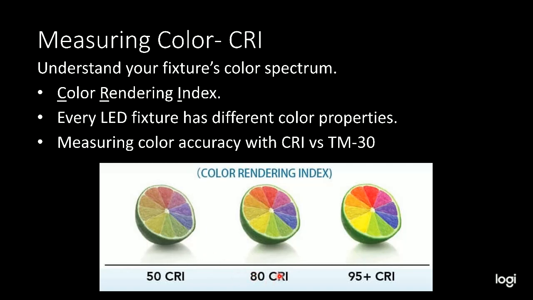As we move up to a color rendering index of 80, we actually start to reveal this rainbow color more accurately. And as we move to 95 or greater, the colors really become vibrant. So that's color rendering index.